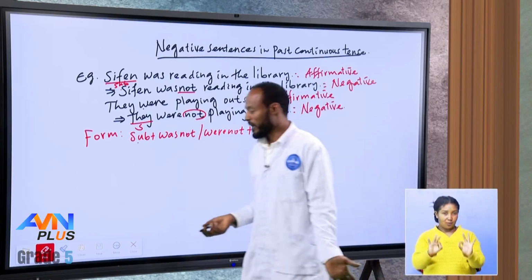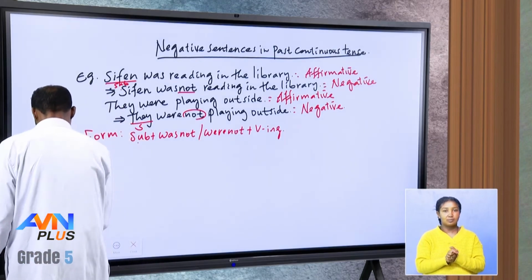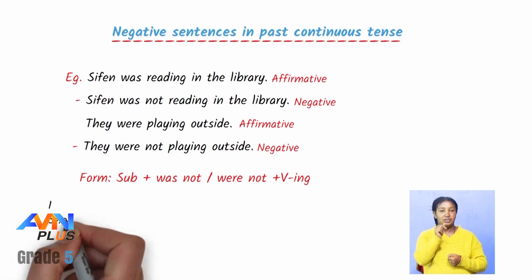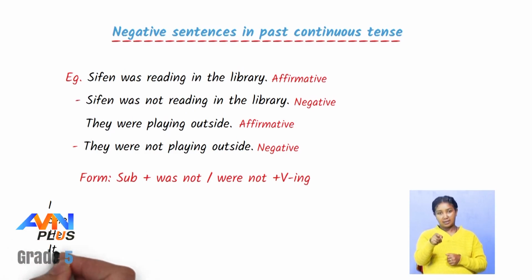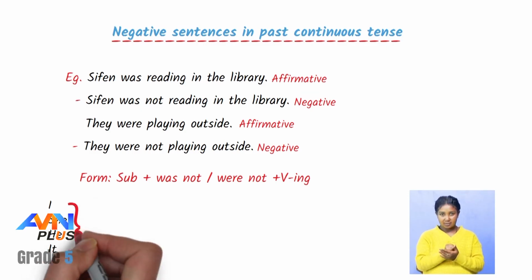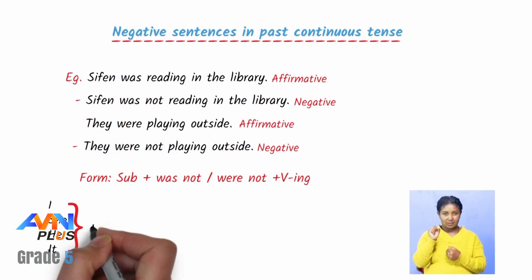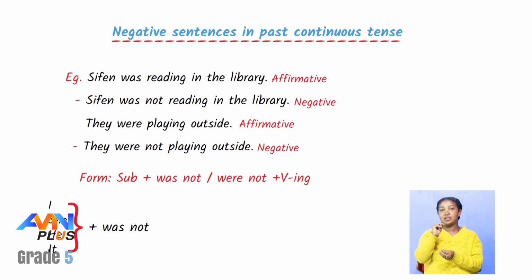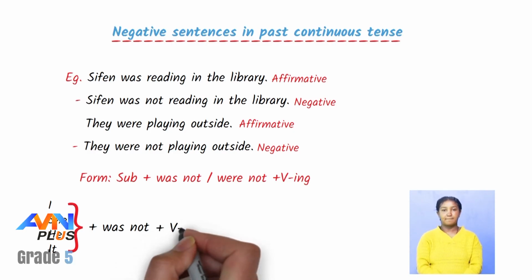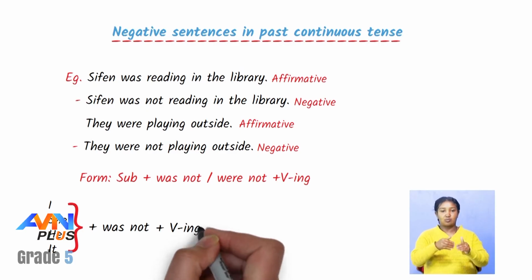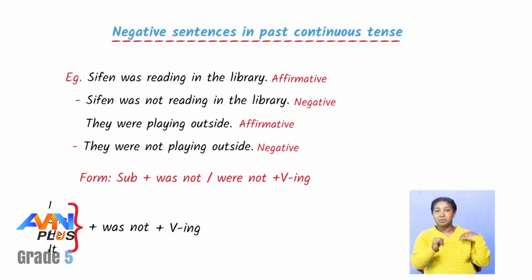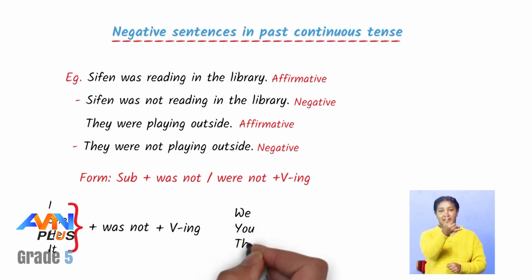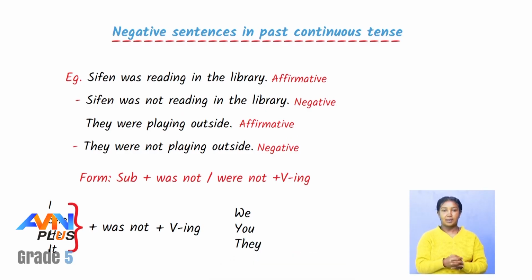Look, here is the subject, here is was, here is were, because the subject is not singular. Was not, were not plus verb-ing. That's the form. So what about this? If the subject is I, she, he, and it, we have to use what? Was not plus verb-ing. Verb-ing means the verb which shows progress. What if the subject is we, you, and they? Look here.